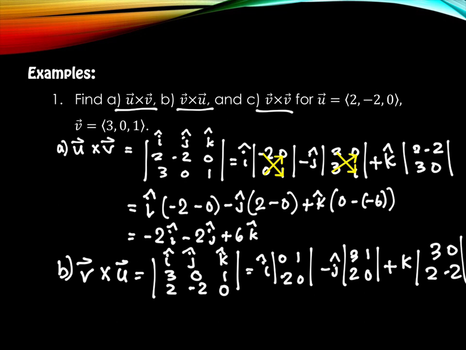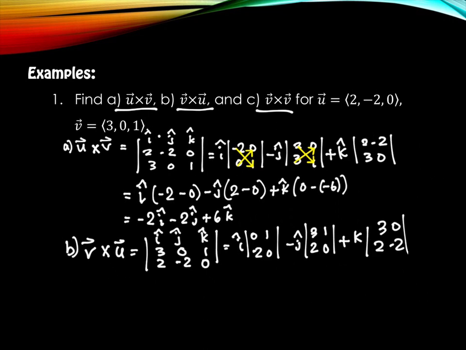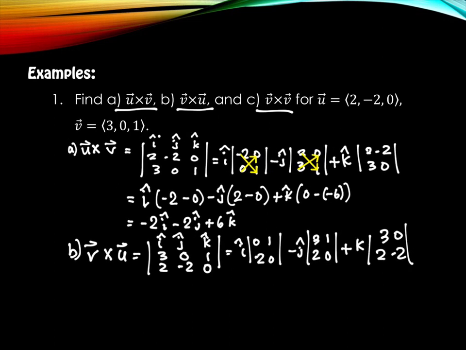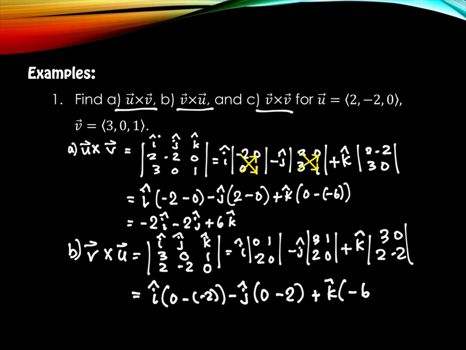My piece is okay? And I'm definitely out of space, so we're going to see if we can make it a little smaller. And so I have I, multiply down, I have 0, and then I have minus negative 2, and then I'm going to do minus J, and I'm going to have 0, minus 2, and then I'm going to have plus K, and that's going to give me negative 6 minus 0.